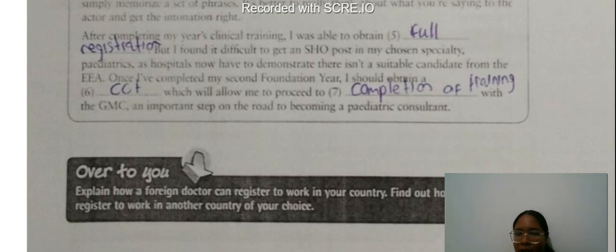After completing my year's clinical training, I was able to obtain full registration, but I found it difficult to get a post in my chosen specialty, pediatrics, as hospitals want to see a suitable candidate from the year. Once I complete my second foundation year, I should obtain a CCT, which will allow me to proceed to completion of training with the GMC, an important step on the road to becoming a pediatric consultant.